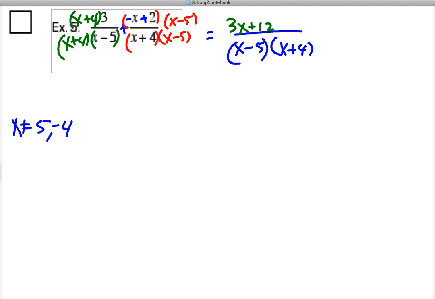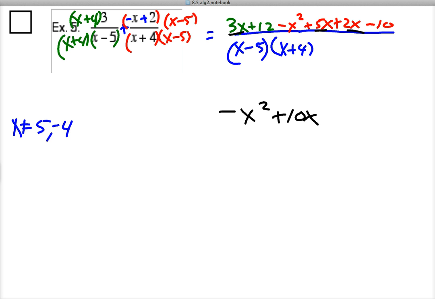Distribute that, I'm going to get a negative x squared. Then I got positive 5x, positive 2x, and negative 10. Add like terms in my numerator. And negative x squared, 3x, 5x, and 2x are 10x.